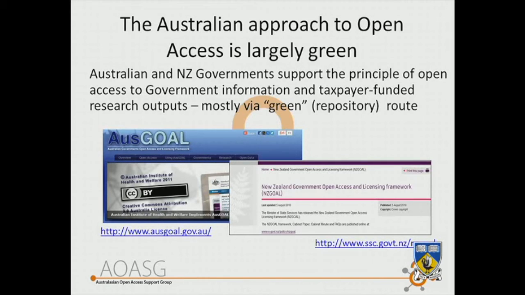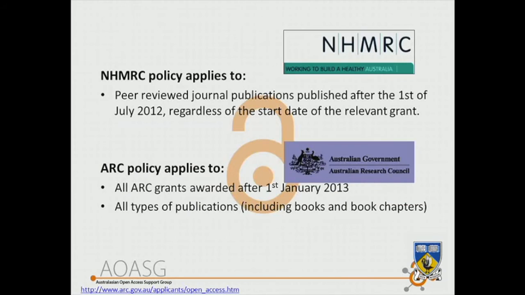There are some very interesting discussions going on in the UK right now about the implications of going down a route for gold open access, primarily around where the funds for open access are ending up. And you probably won't be surprised to know that the outcome has been that most of the funding for gold open access publishing is not going to the new publishers who are coming into the space. It's going into the pockets of the more established publishers who've managed to develop business models that have been very successful.